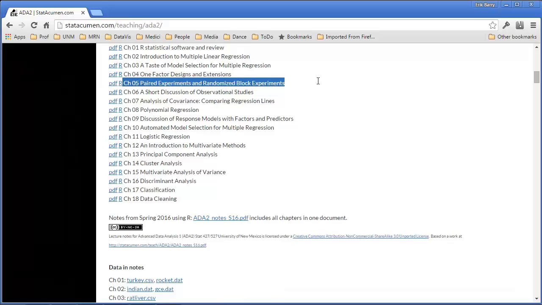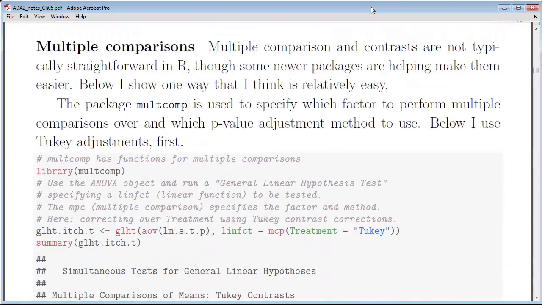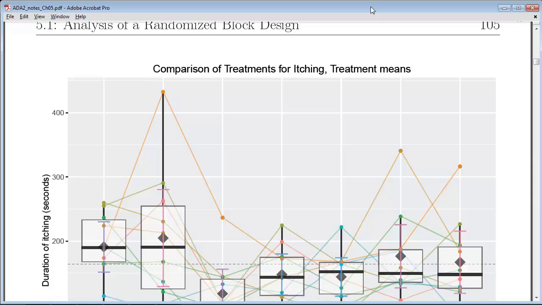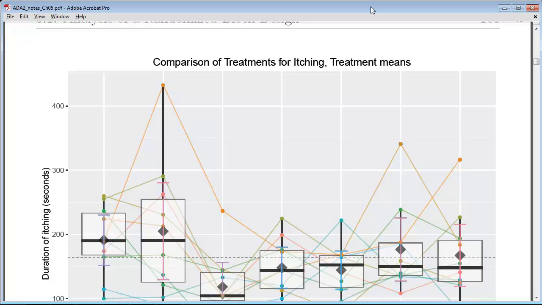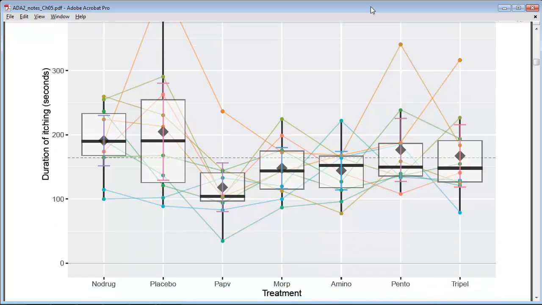So here we are in Chapter 5, and I'll bring up the chapter. We have just been doing an analysis of treatments for itching, where we have a block design with 10 people. Each person defines a block, and each person has experienced 7 treatments and the imposition of having to undergo itching from cowage.